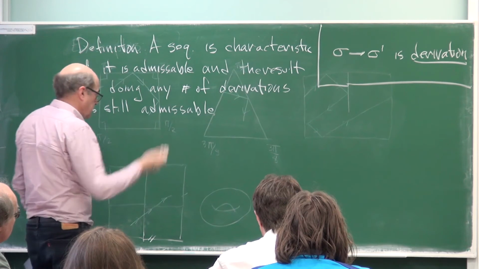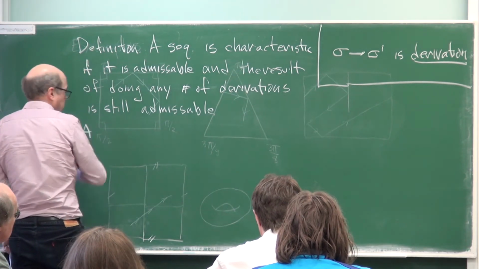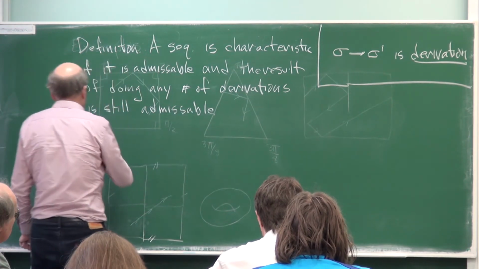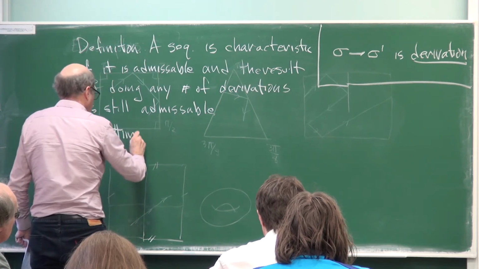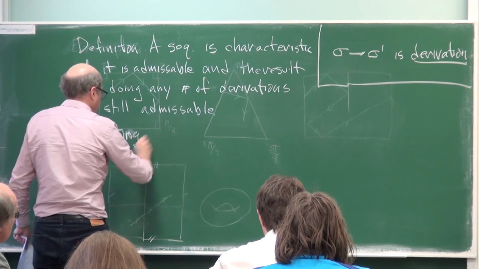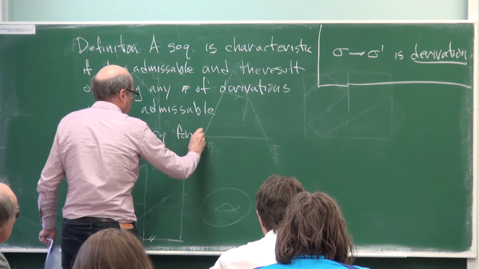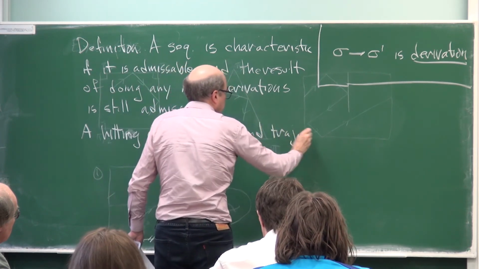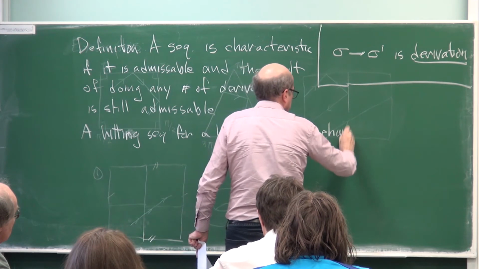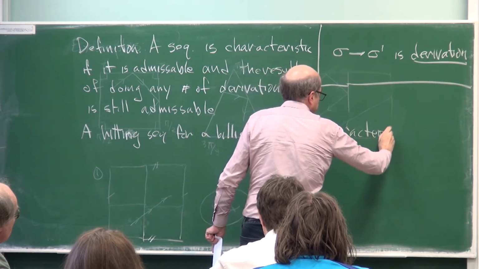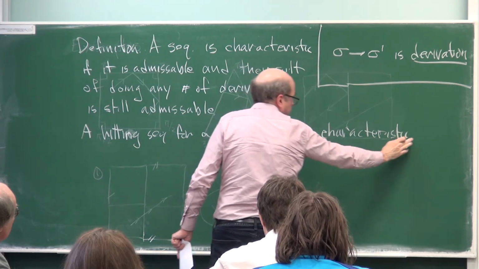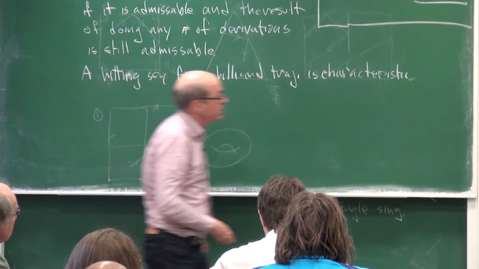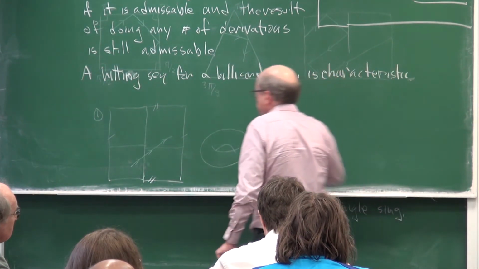Okay, so clearly a hitting sequence for a billiard trajectory is characteristic, because every time we do this operation, we're staying in the world of hitting sequences of billiard trajectories.